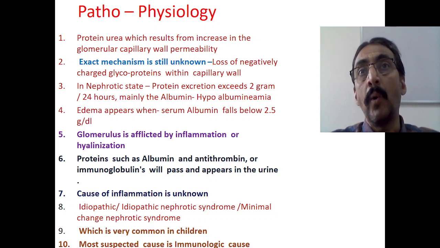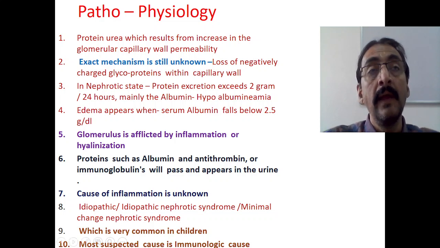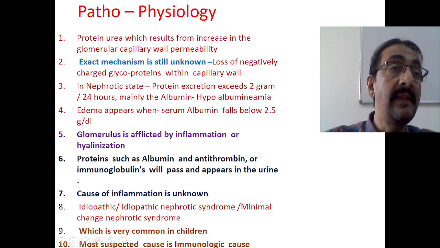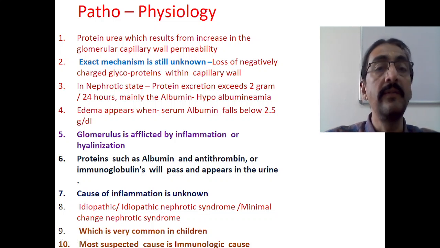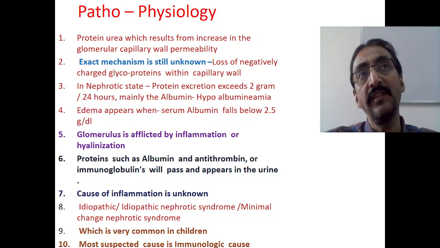Now, what causes this increased permeability of the proteins in the glomerular membrane? Although the exact mechanism is not known, in conditions where there is inflammation of the glomerulus or hyalinization of the glomerulus, this is possible.